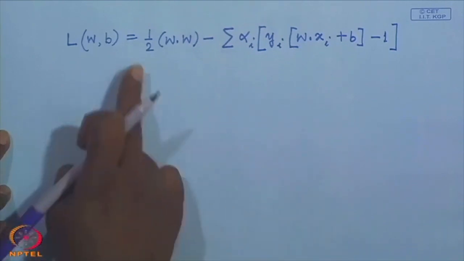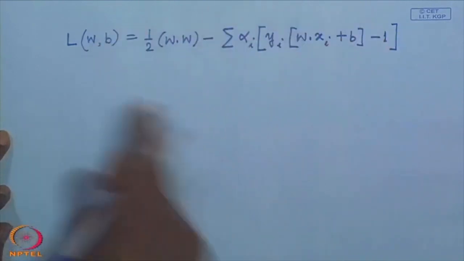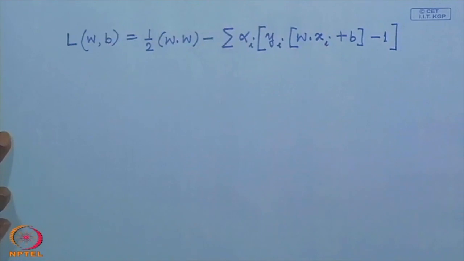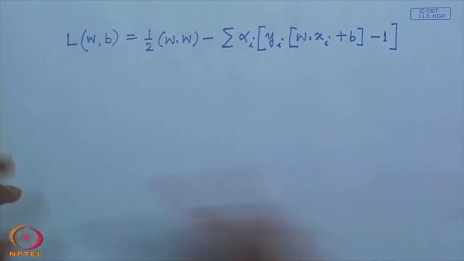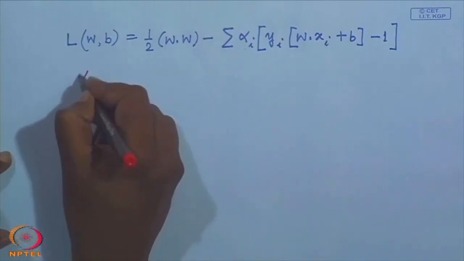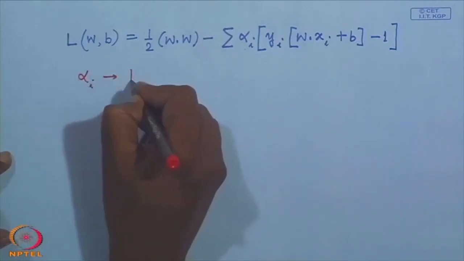Right? And I have to optimize this Lagrangian, where this alpha_i is the Lagrangian multiplier.